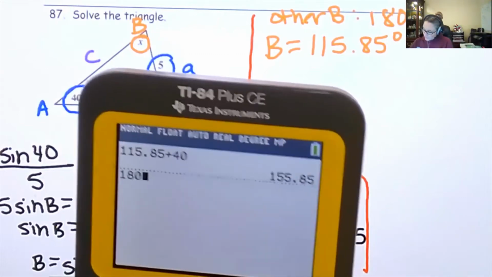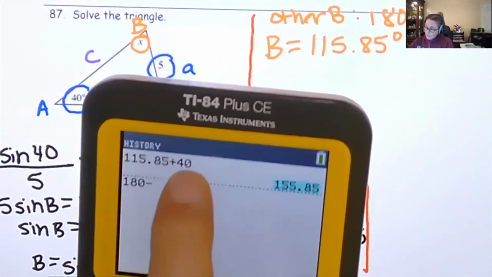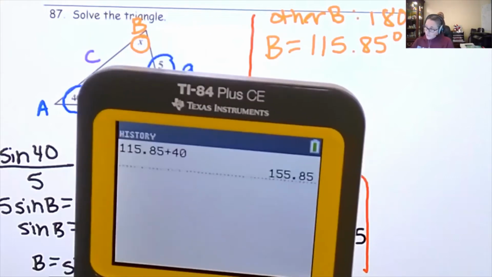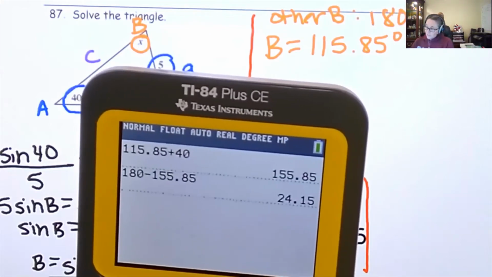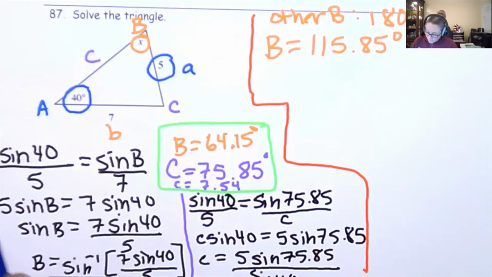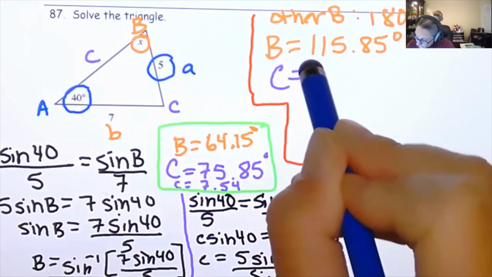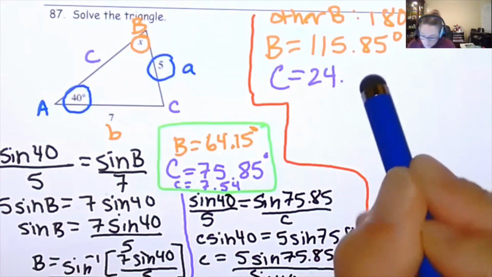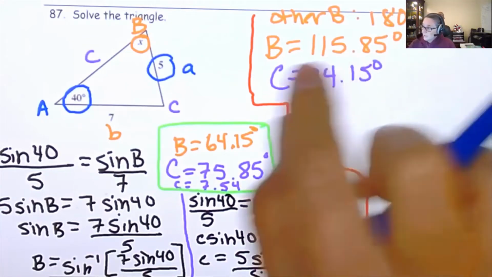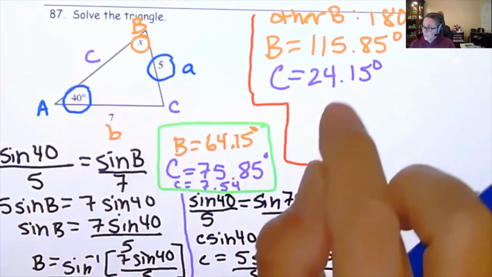Now, if I take 180 minus this answer, so these are the two angles, the 40 that was given, my new B, and so if I take 180 minus this, this will give me my new C. So new C is going to be 24.15. So our new C is going to be 24.15 degrees. And again, what did I do? I took this angle B, this angle A, and I did 180 minus them to figure out the third angle.